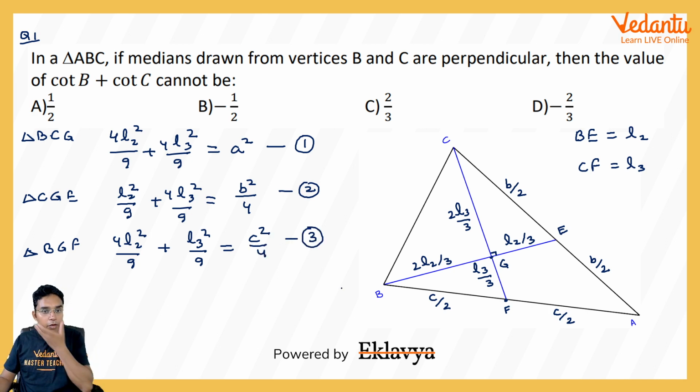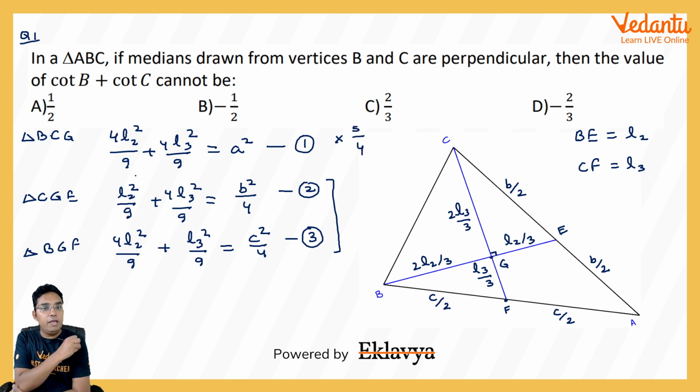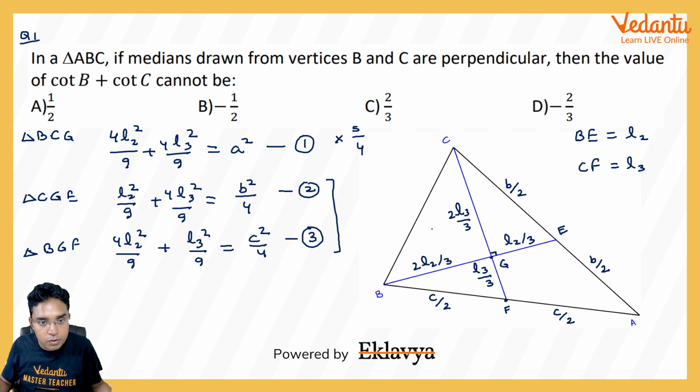Now if we add equations 2 and 3, we will get on the left hand side 5L2 square by 9 plus 5L3 square by 9. And if I multiply the first one by 5 by 4, then also we will get 5L2 square by 9 and 5L3 square by 9. So what I am suggesting here is that we add 2 and 3 and subtract 5 by 4 times equation number 1.